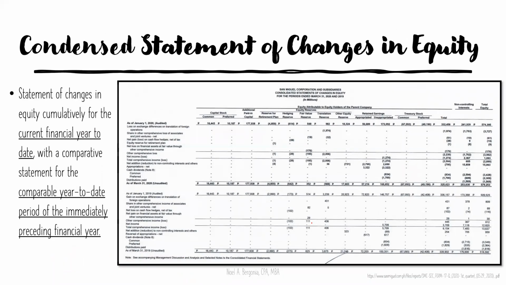Okay, similar to the statement of profit or loss kanina, no, our comparison would be the cumulative for the current financial year to date, okay, and also comparable year to date, okay, of the immediately preceding financial year.